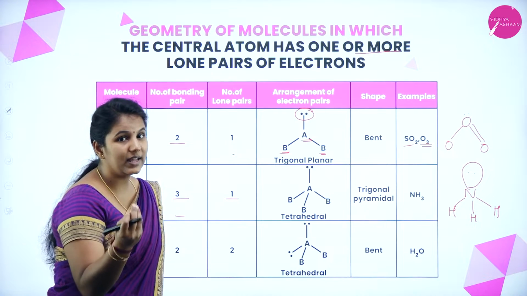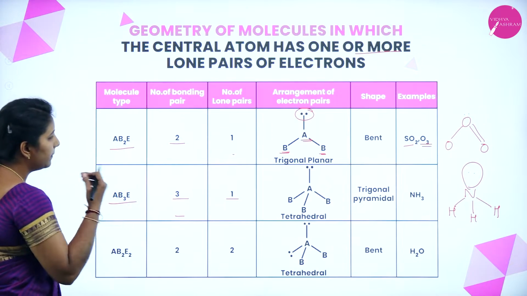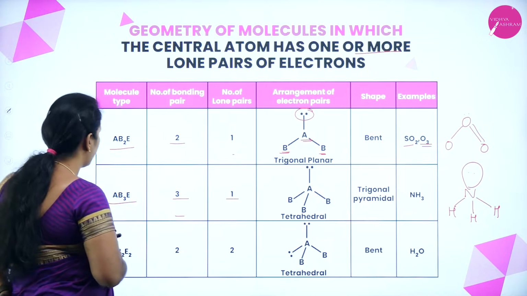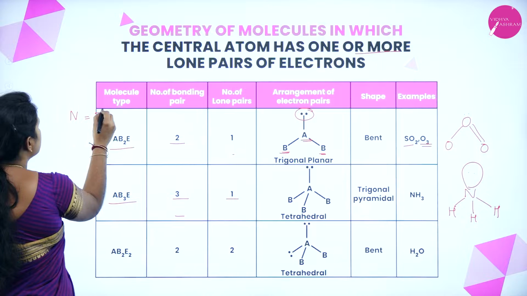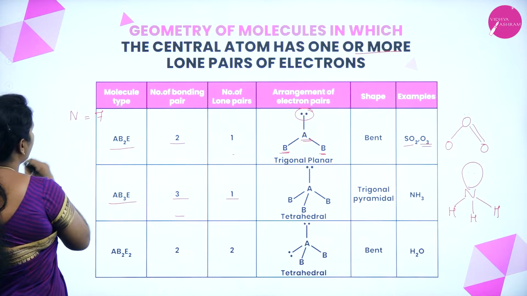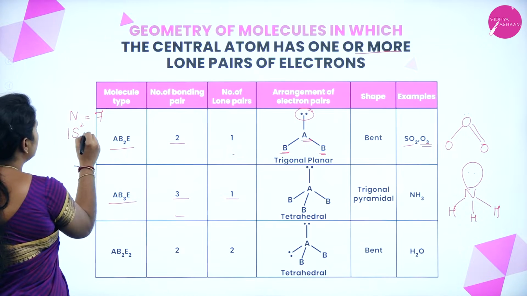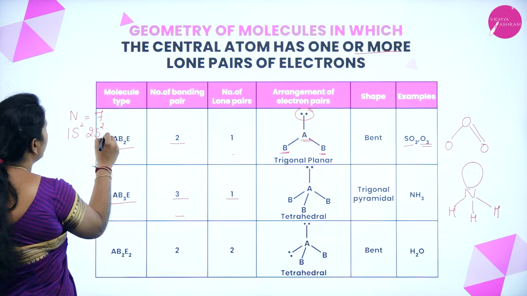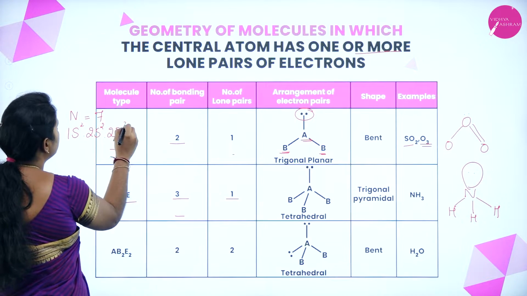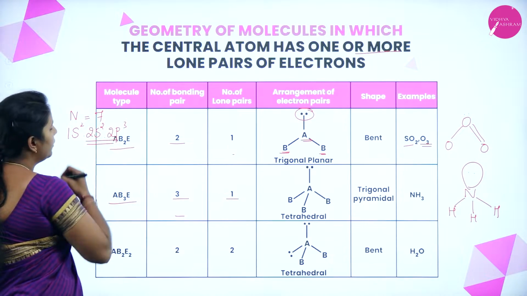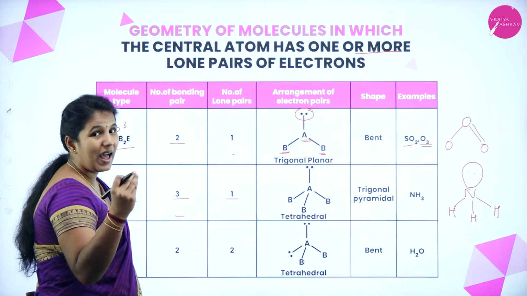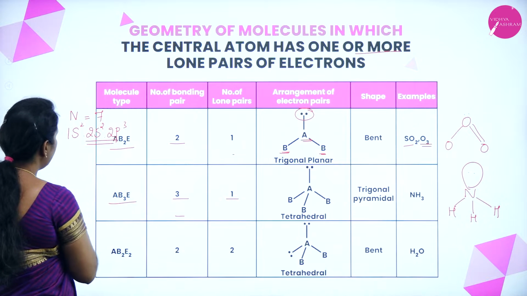Ma'am, why is it like that? You can understand that by writing the electronic configuration of nitrogen. We know that nitrogen has 7 electrons, and it can be written as 1s2, 2s2 and 2p3. Is it right? Yes. So this last shell has 5 electrons.